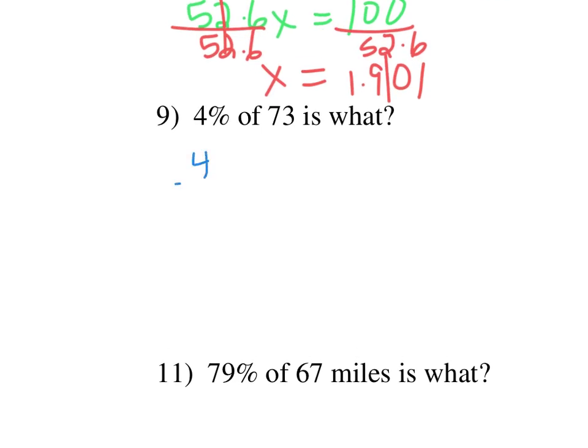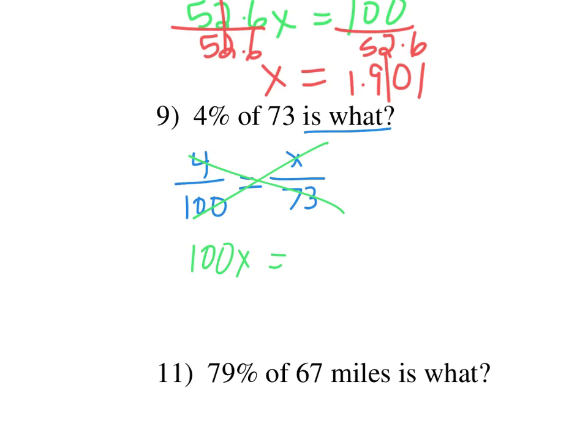Here we go. 4%, 4 over 100, of 73 is what? We don't know the is. 100x equals 4 times 73, 292.